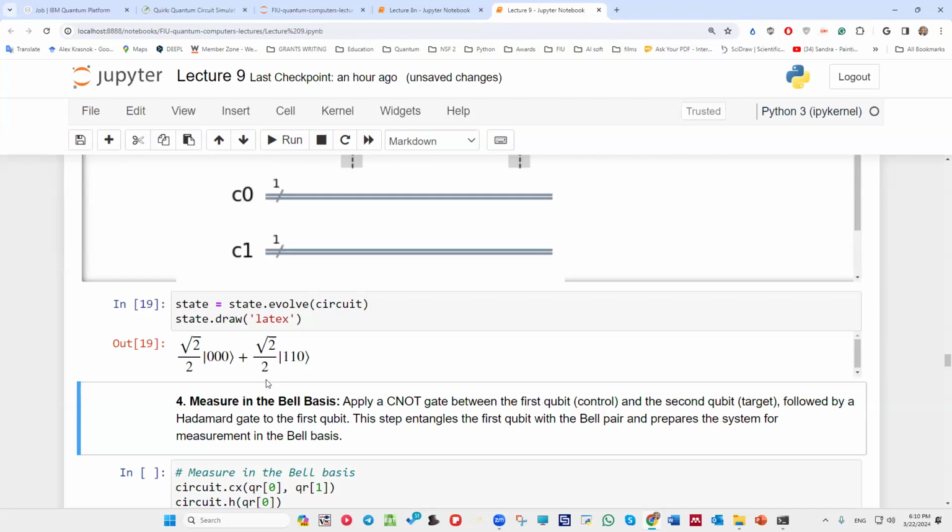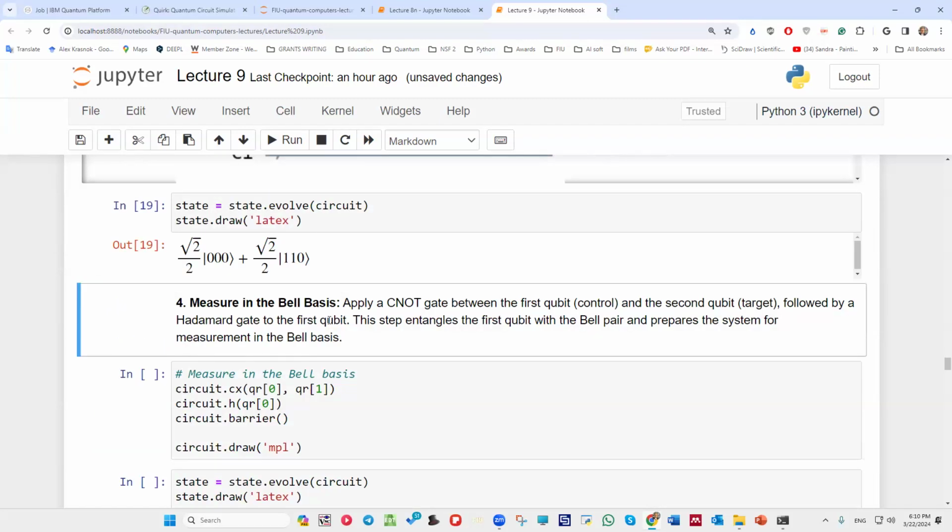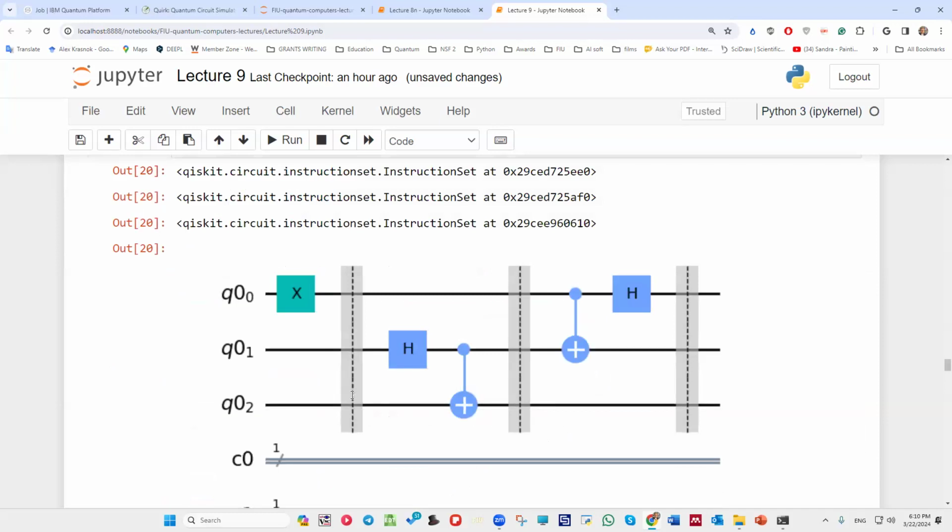Okay, so next, Alice wants to measure her qubit in the plus minus basis. And to do so, she creates the superposition, or entanglement, between the qubit 0, which is the qubit that holds the state that's supposed to be teleported to Bob.